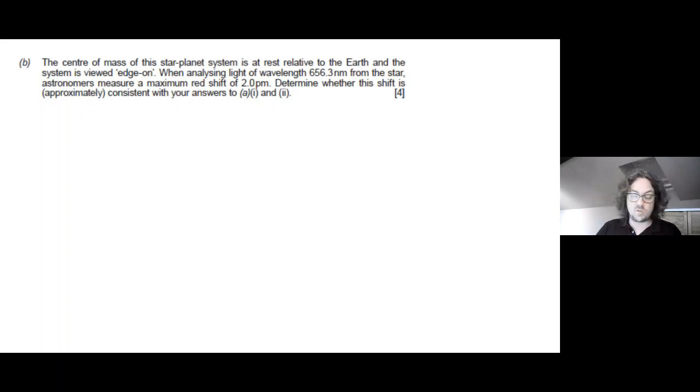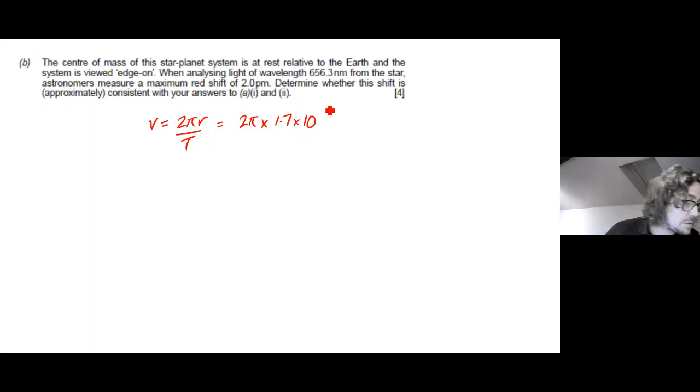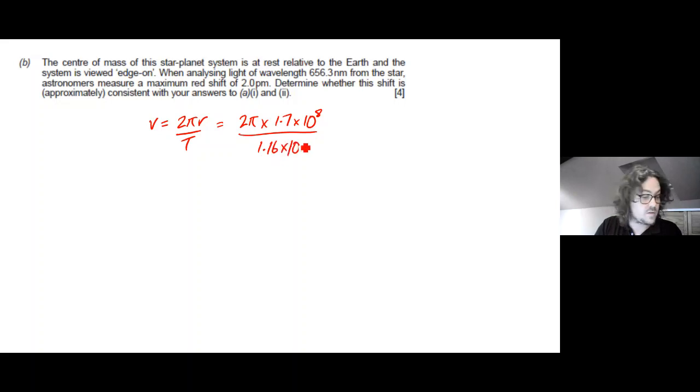Right. So a couple of things to do here. First of all, we're going to start off by working out the velocity. The velocity, we'll say, is distance over time, or in this case, 2 pi r over T. So 2 pi times 1.7 times 10 to the 8, divided by 1.16 times 10 to the 6.